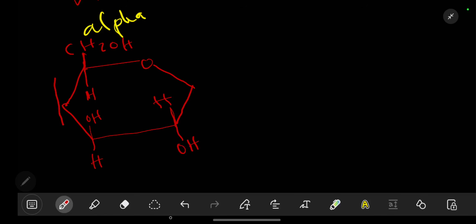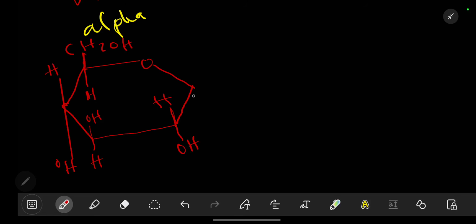Then here we are going to have our hydrogen like that. Here we are going to have our hydroxide like that. So this is for both our alpha and our beta like that.